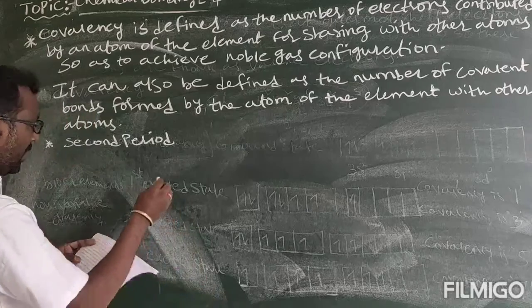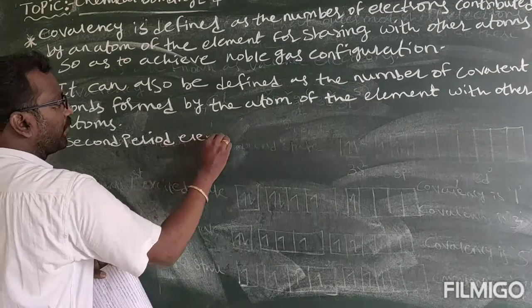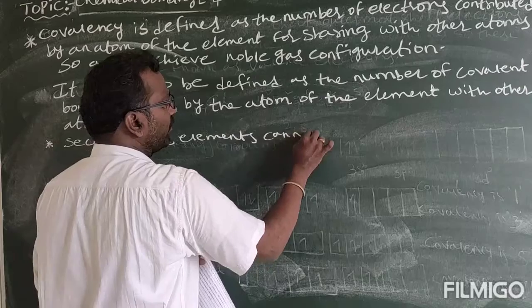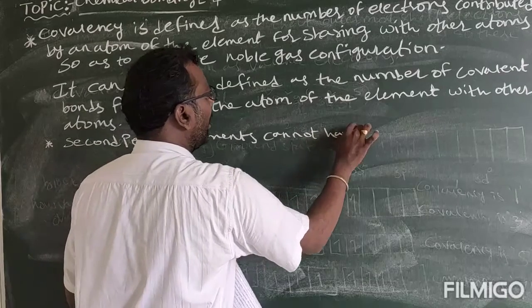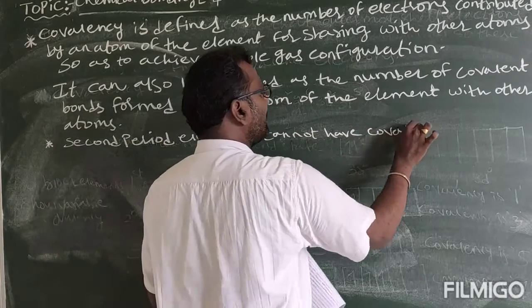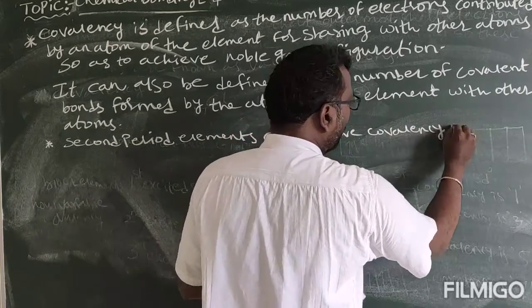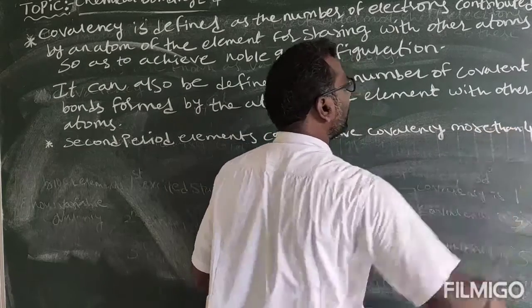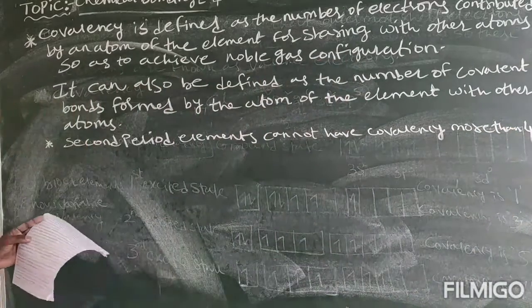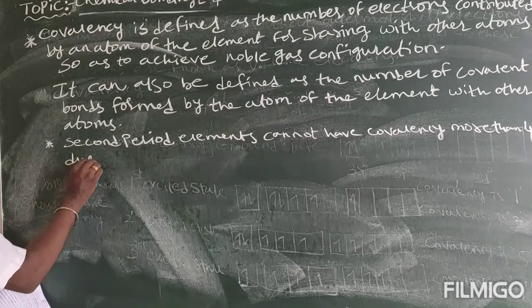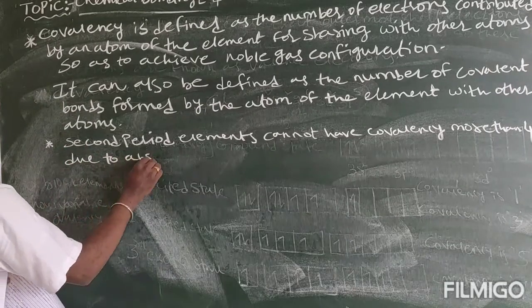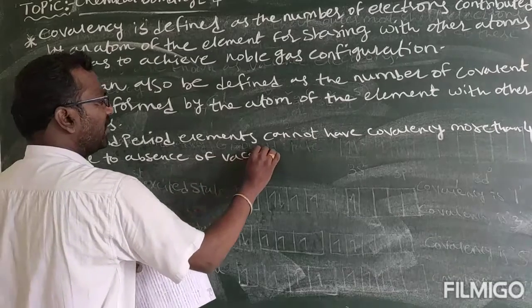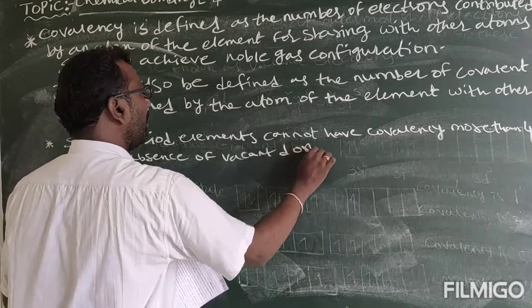Second period elements cannot have covalency more than 4, due to absence of vacant d orbitals.